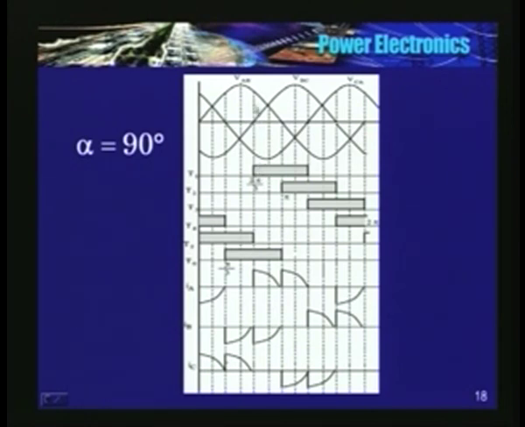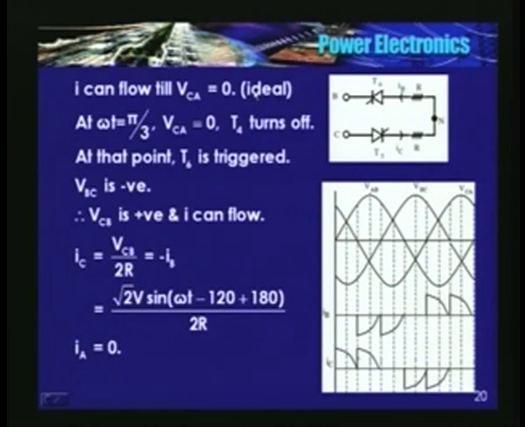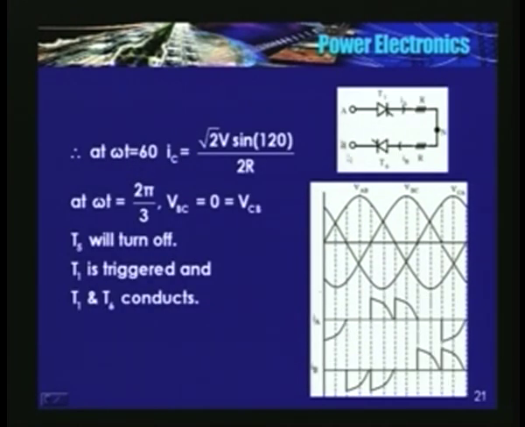Voltage is VAB. Same thing that we did for 4 and 5, 5 and 6, and 1 and 6. So at any given time only two thyristors are conducting, where alpha is equal to 90 degrees.